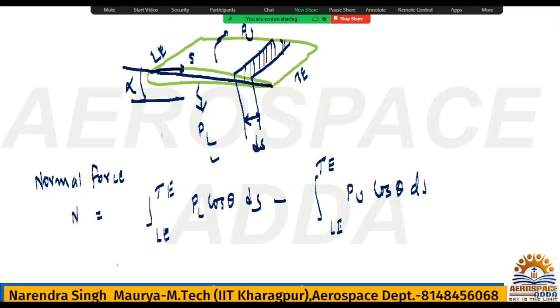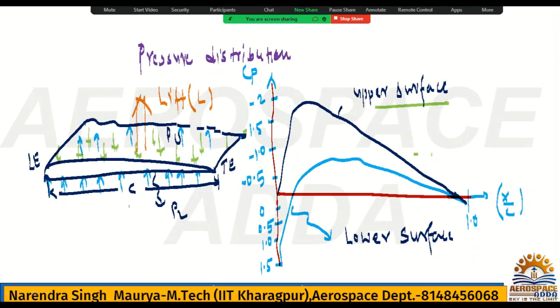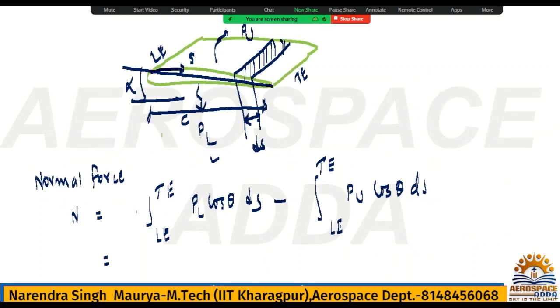What is the total length from leading edge to trailing edge? It is the chord length C. I have drawn it in the previous diagram also. This total length, leading to trailing edge, is the chord.